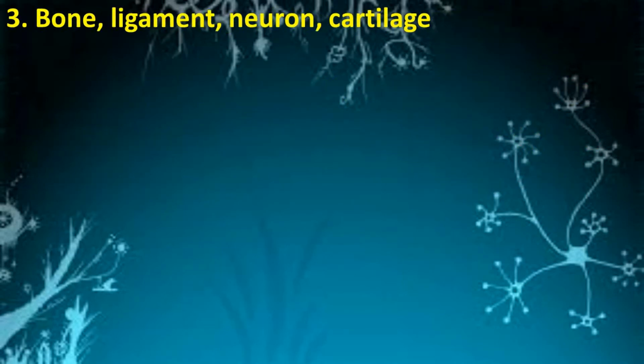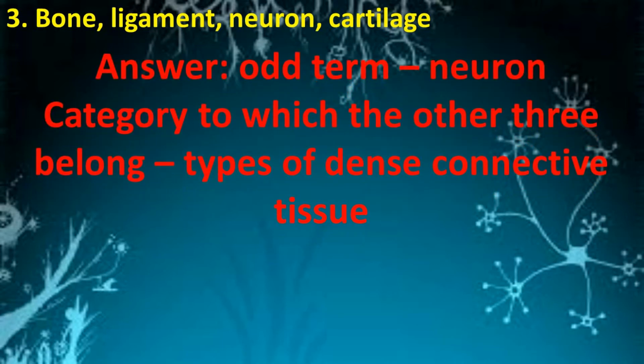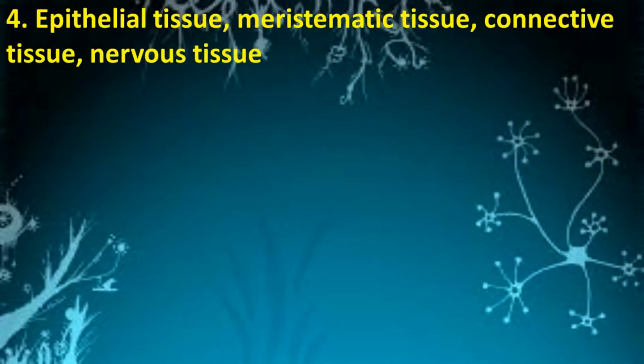Next question. Bone, ligament, neuron, cartilage. Answer is odd term is neuron. Category to which the other three belong is types of dense connective tissue. Next question. Epithelial tissue, meristematic tissue, connective tissue, nervous tissue.